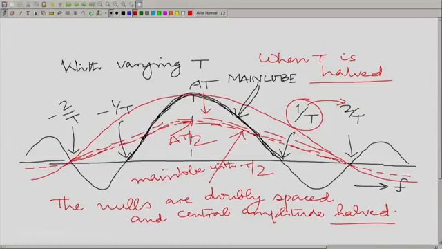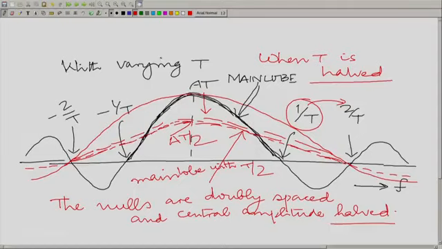You notice that when we halve the value of T, the main lobe width is doubled and the main lobe height is halved. So, in some sense there is a conservation of area, if you might want to call it that loosely. Let us not be too strict on our interpretation.